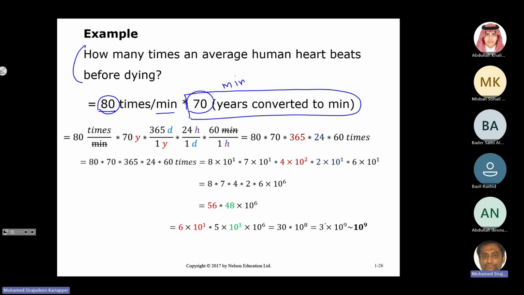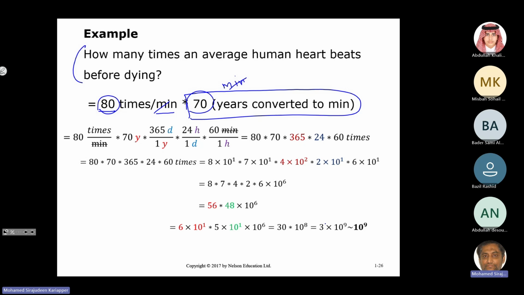Minute will cancel minute, and you will get the number of times the heart will beat before the 70 years pass. So you have to multiply 80 by 70 years converted to minutes. You get the idea.